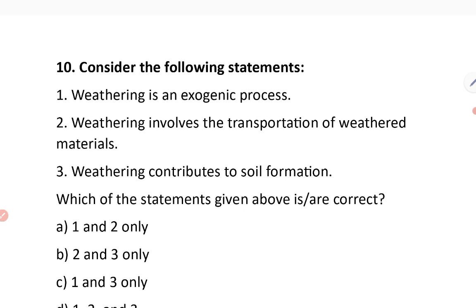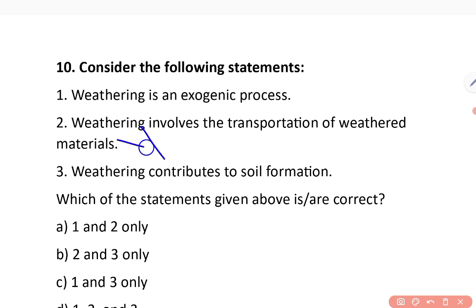Tenth question for today's lecture, it is the last question. Consider the following statements. Weathering is an exogenic process. Yes, the first statement is correct. Second, weathering involves the transportation of weathered materials. No, weathering is an in situ process and it does not involve transportation or deposition.